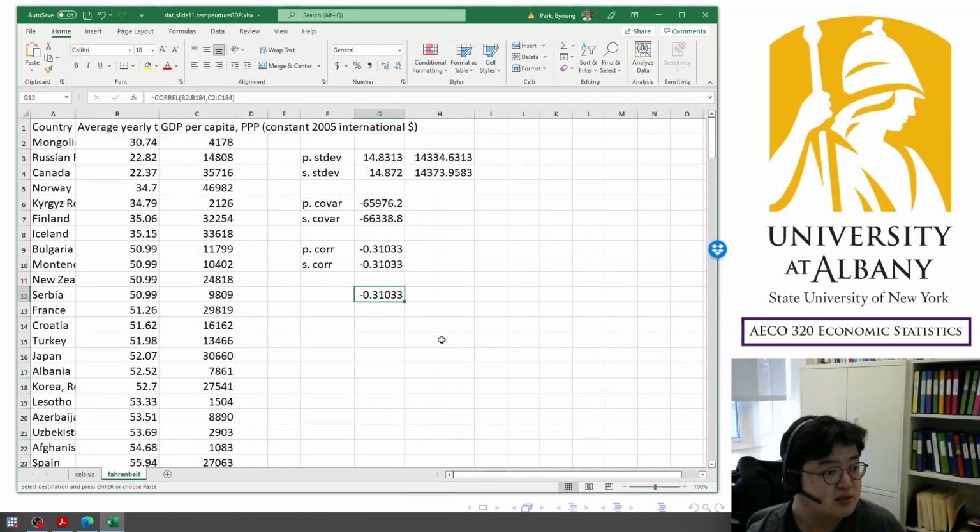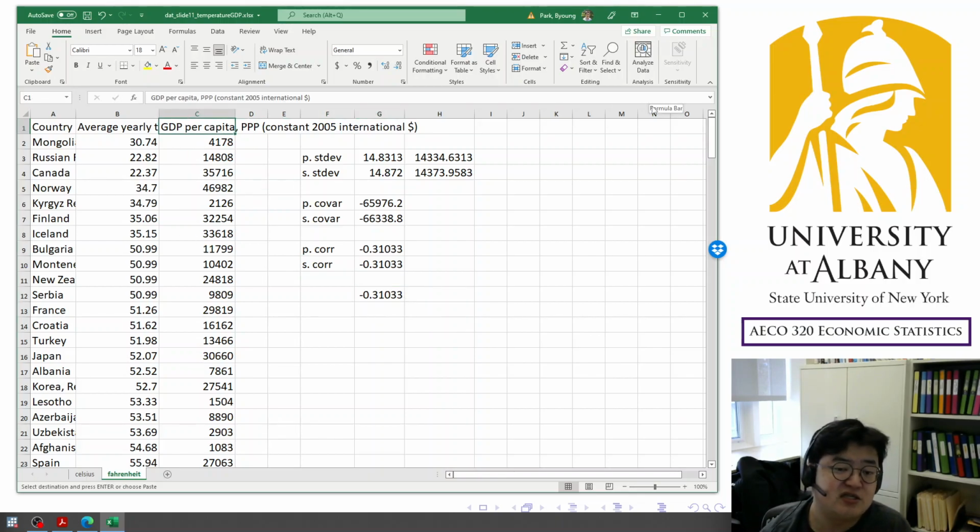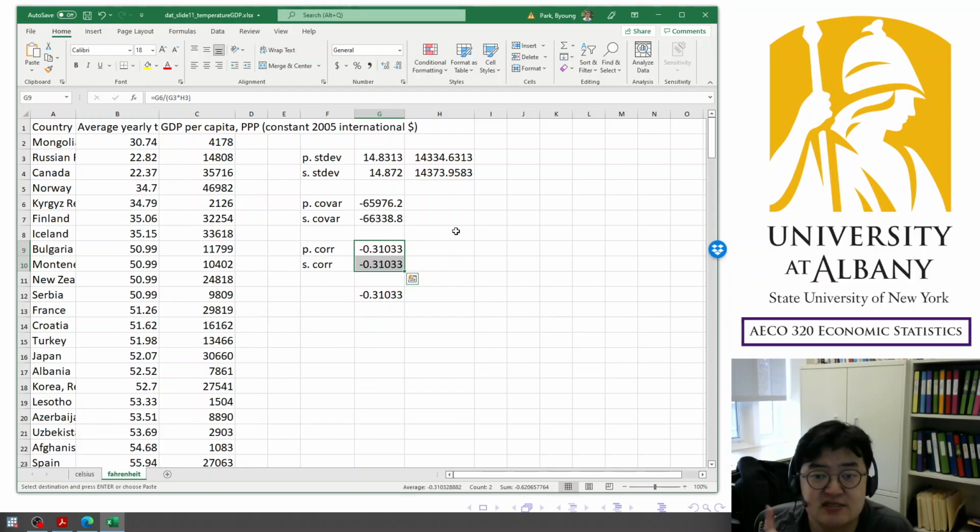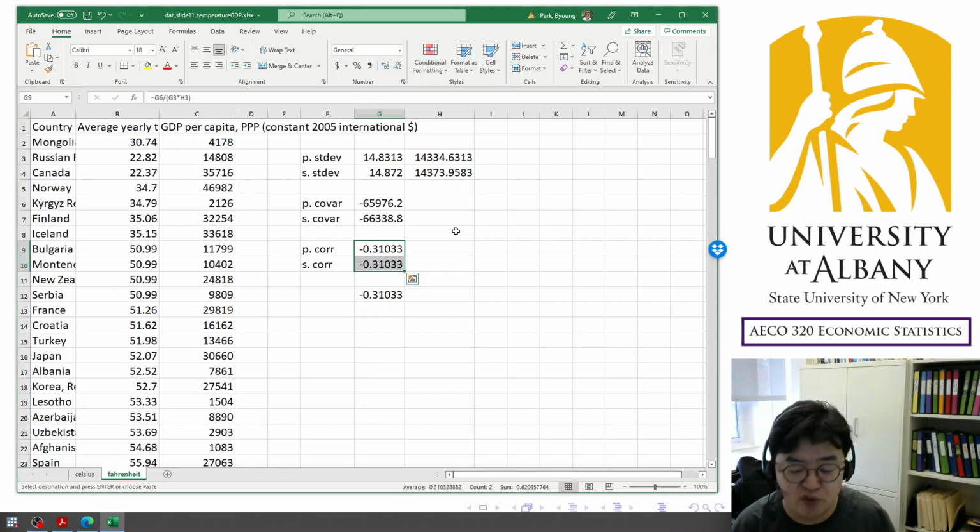You may try what happens if the GDP per capita is denominated by 1000. That is also possible, but in the end, the standard deviation will change, the covariance will change, but the correlation coefficient will not change. That is the power of the correlation coefficient. That is why the correlation coefficient is useful and informative.